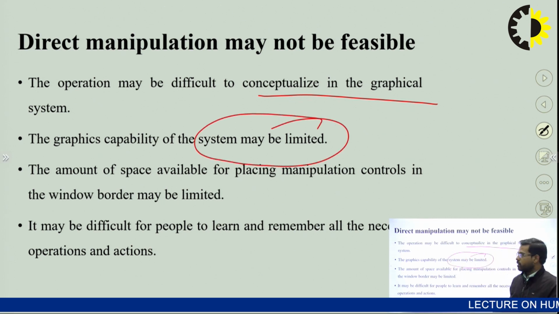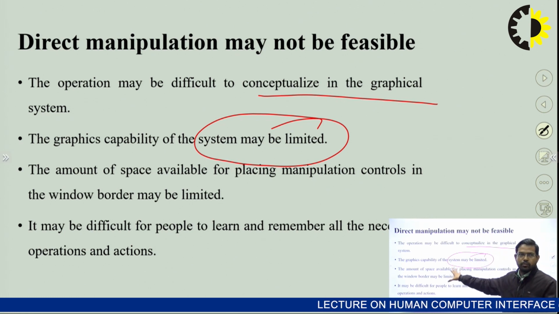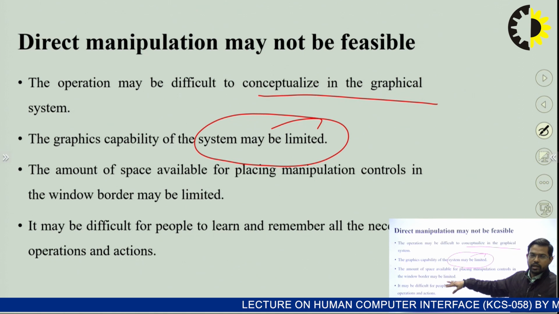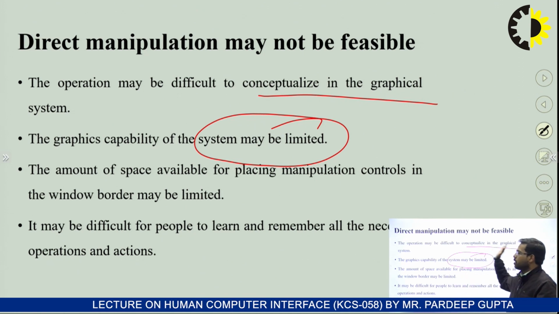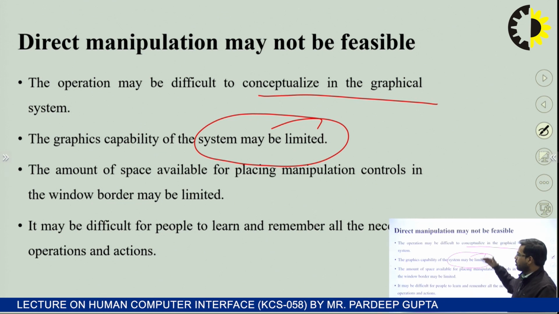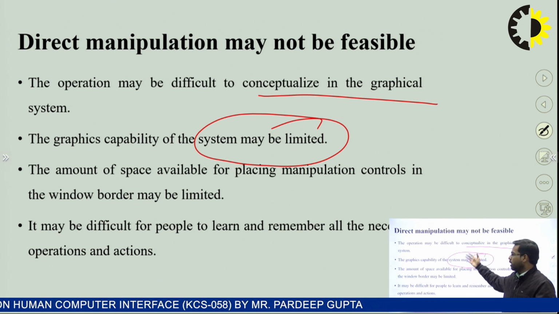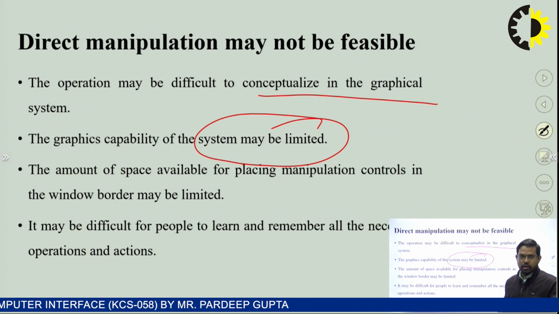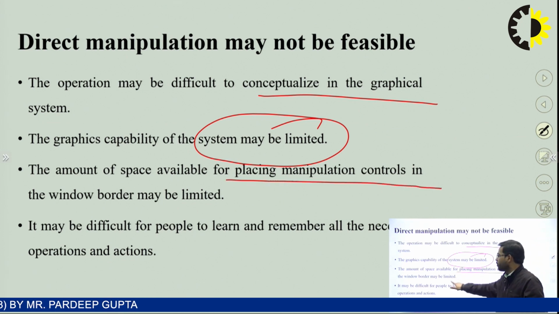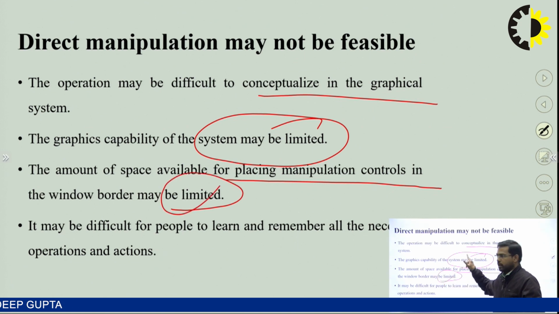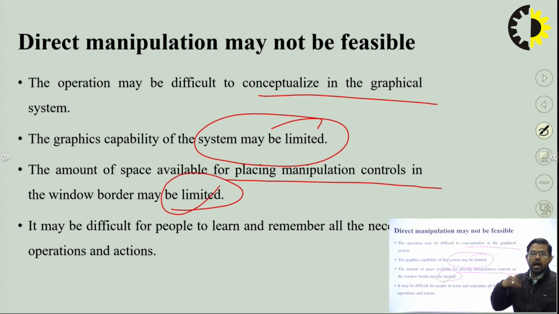There is only one page in this slide; the previous one had different points, and the next one has different points. That is the limitation of that particular screen. I cannot put all the lines in this one slide. The amount of space available for placing manipulation controls in the Windows border may be limited, so we have to use another manipulation method.